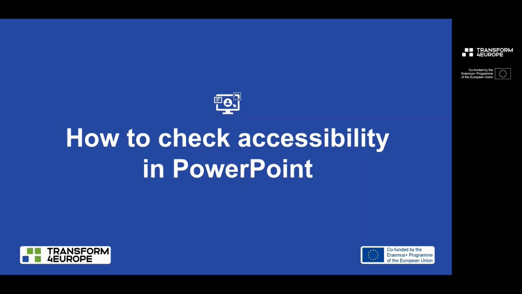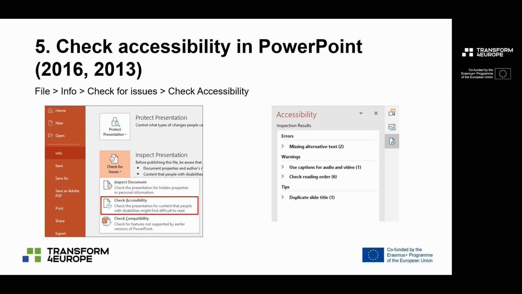Okay, now that we have designed an accessible presentation, it is time to check if we actually met every accessibility requirement or not. Microsoft PowerPoint has also a checker, as Microsoft Word. And for the 2016 and 2013 versions, these are the steps to get to the tool.